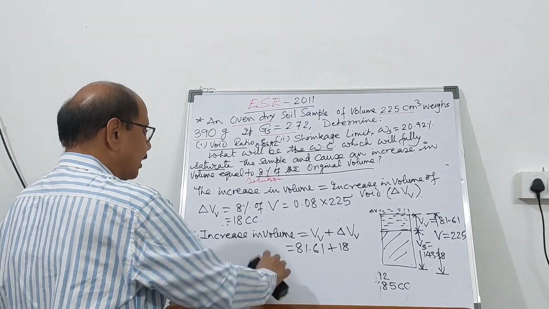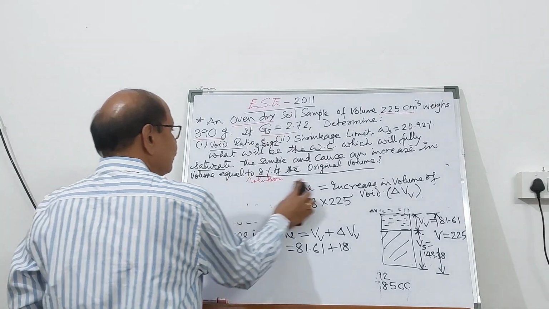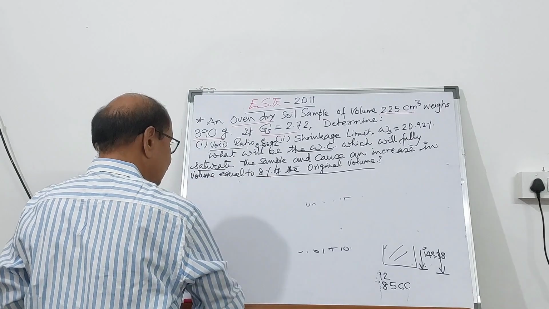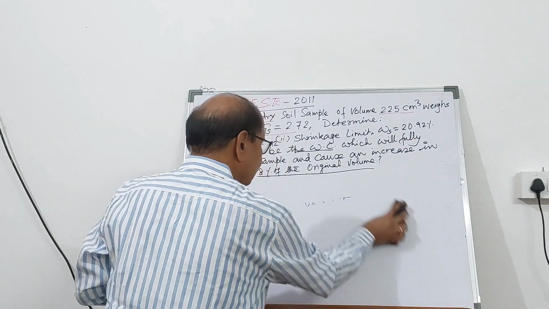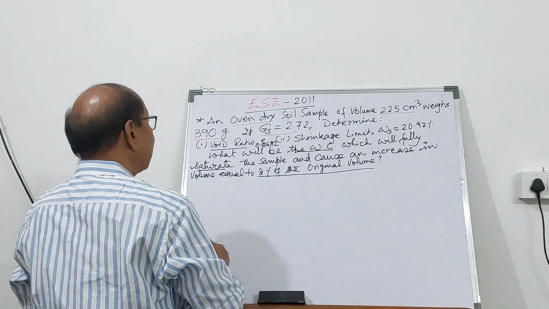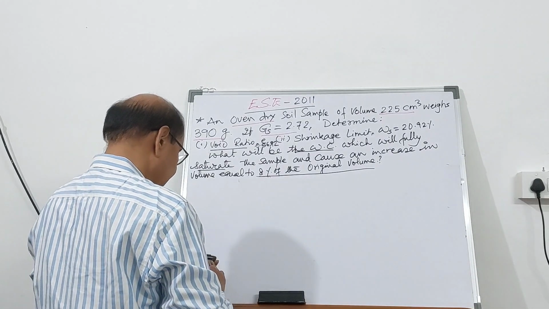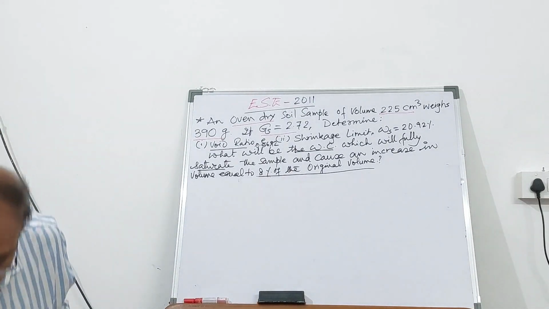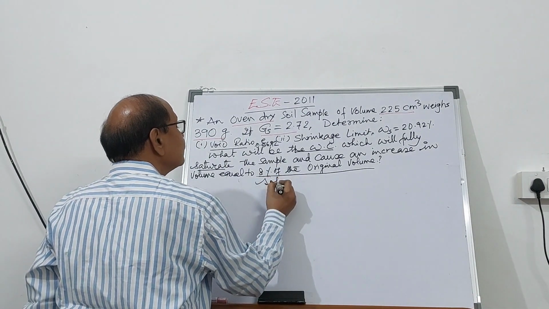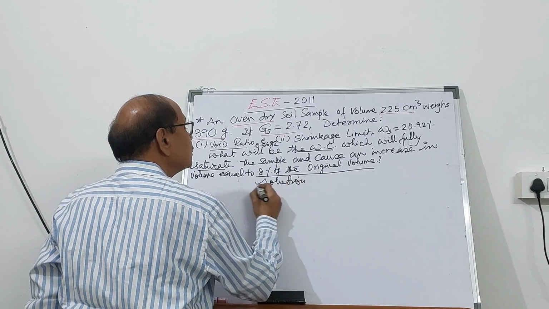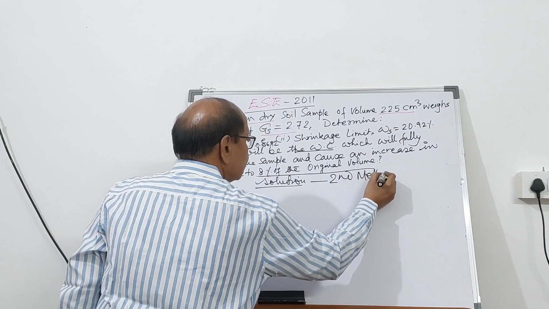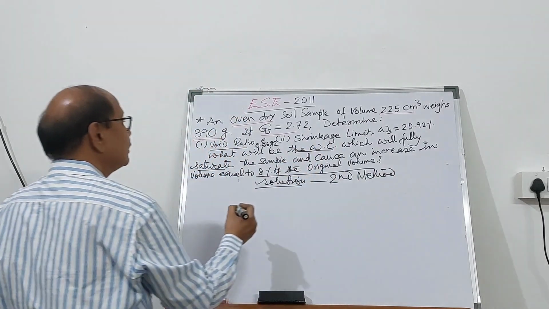This problem can also be solved in a different way, from the three-phase diagram. So if you want to calculate it another way, this is also feasible. We can take another method and solve it.